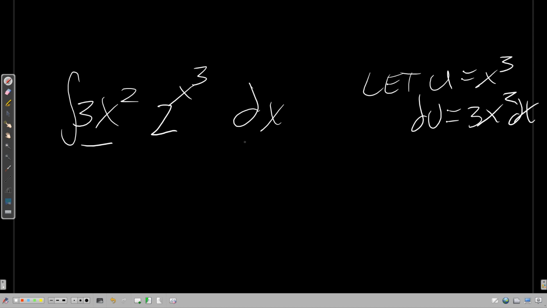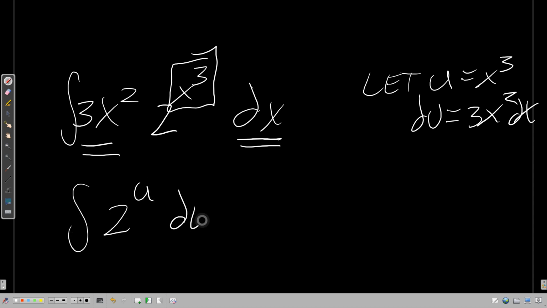So this stuff that's underlined is du, and then this thing in the box is u, and you would have a complete substitution. Okay, and then it's something that you know how to find the antiderivative of.